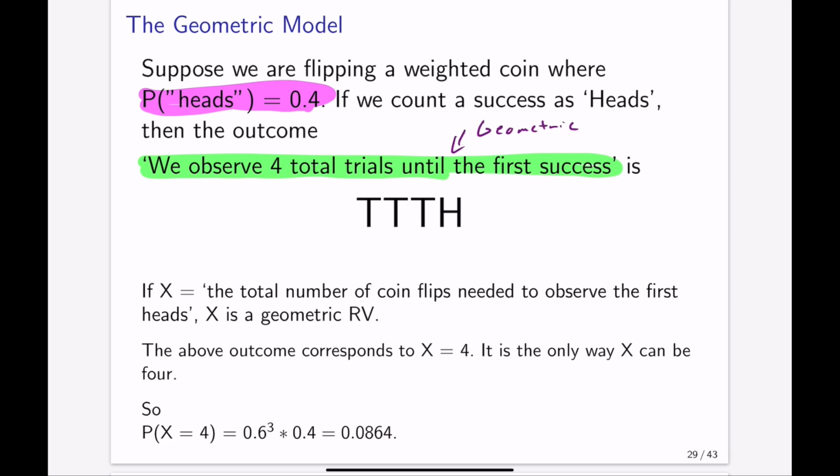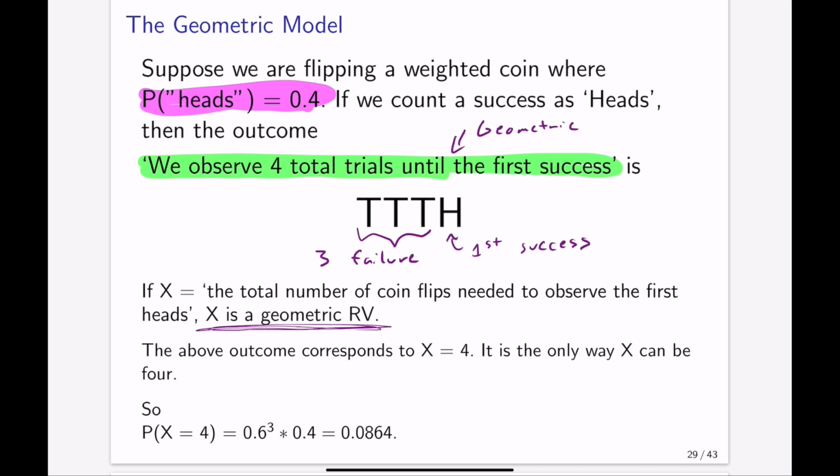And the outcome that corresponds to that count is seeing 3 tails and then a heads. We could call these 3 failures, and then our first success. So if the variable is the number of flips until we get our first heads, then we could refer to that as being a geometric random variable.